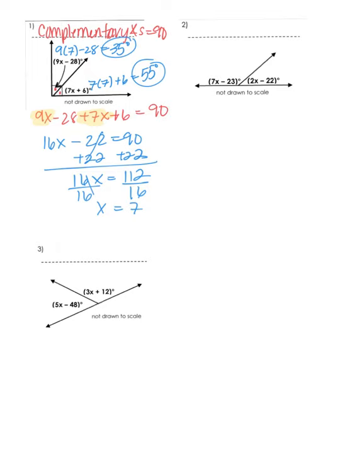Let's go on to number 2. Here, there are supplementary angles, and supplementary angles add up to 180 degrees. So I have 7x minus 23 plus, let's actually do a different color, plus 2x minus 22 equals 180.